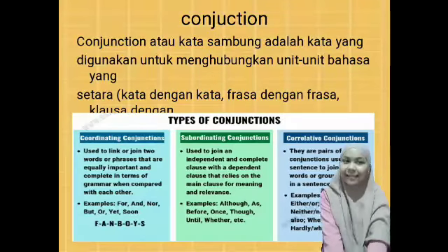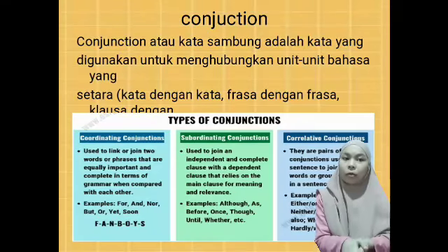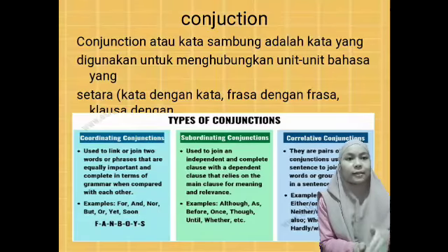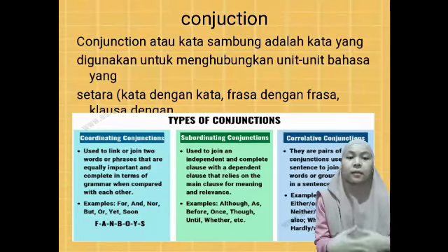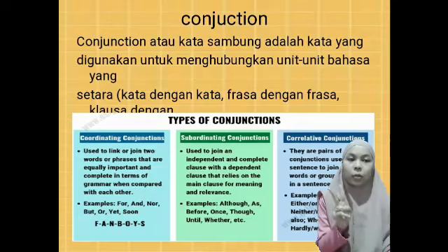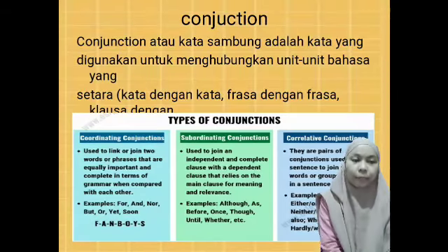And our next lesson is about conjunction. So, what is conjunction? Conjunction in Indonesian is kata sambung. This is used to make a relation between two words, two phrases, or two clauses, or even two sentences.